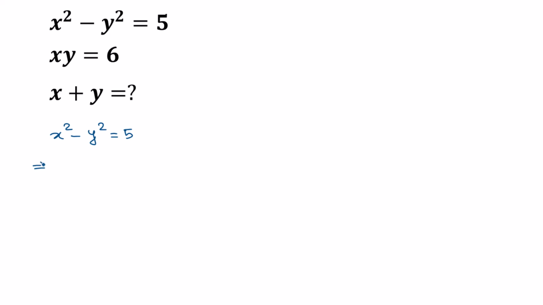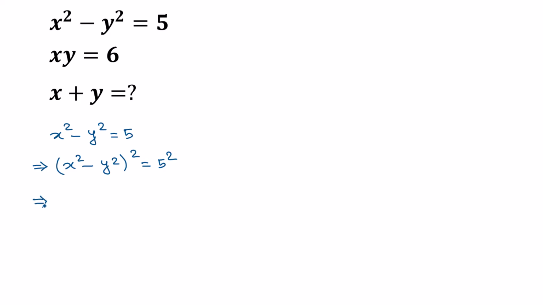Taking square to both sides, we can write (x square minus y square) whole square is equal to 5 square. We have taken this square to both sides.